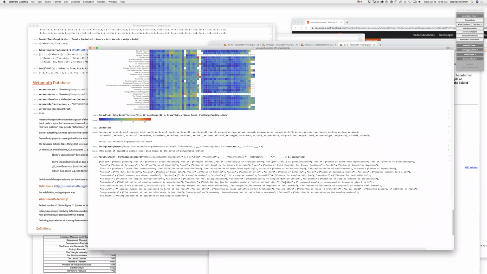I don't know if this should be capitalized or not. Okay. Associativity of complex addition. Distributivity for complex numbers.